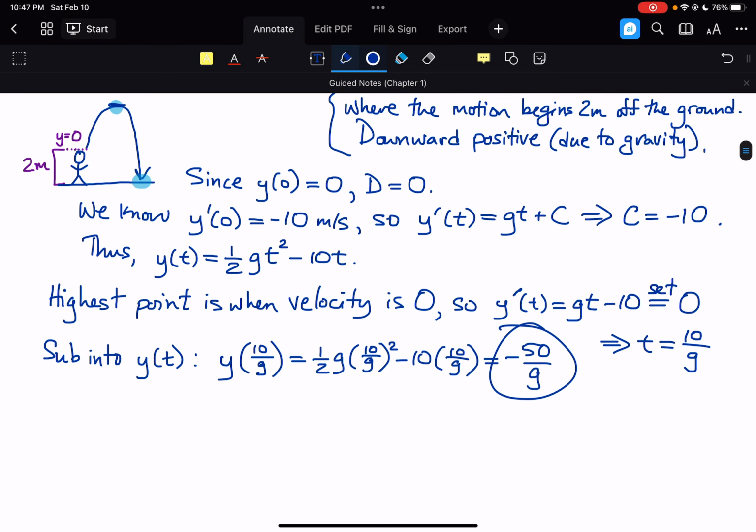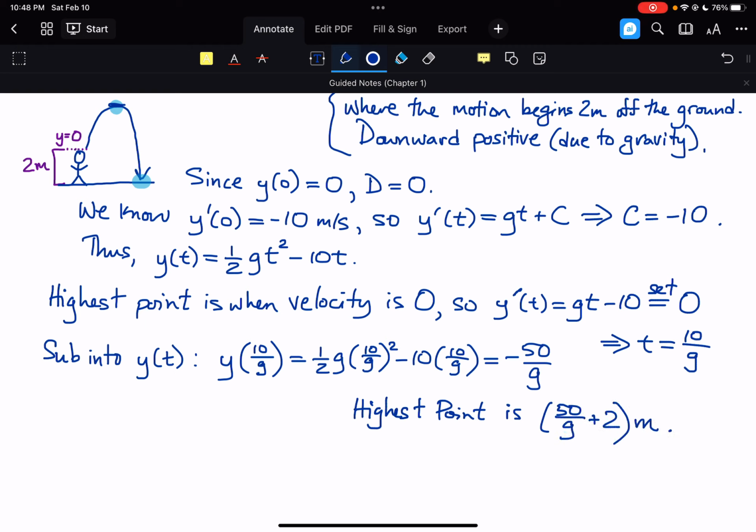So the highest point is 50 over g plus 2 meters above the ground.